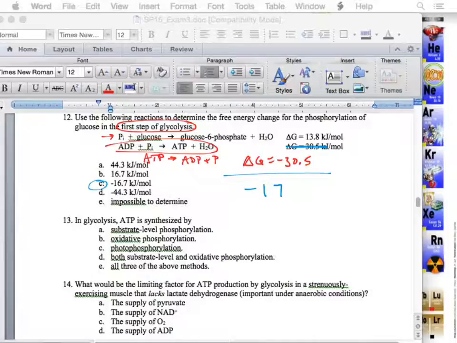I think it might be called photophosphorylation. But it's using light. Well, glycolysis doesn't involve light. We're doing the substrate level phosphorylation. Oxidative phosphorylation is a bit weird because they're referencing the electron transport chain. So glycolysis hasn't done that.